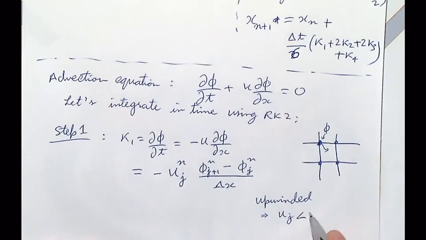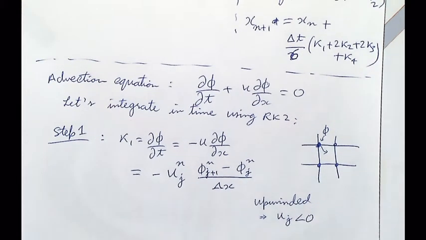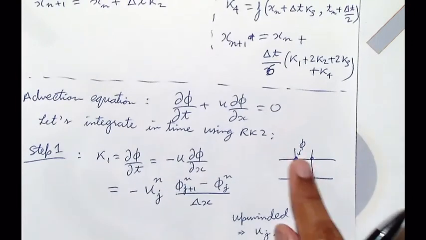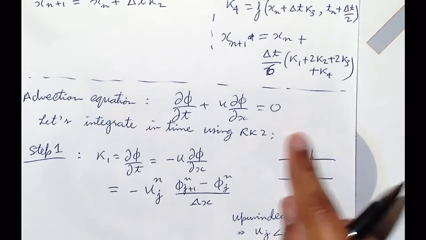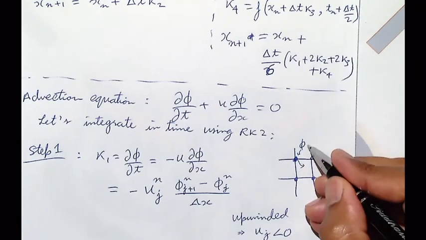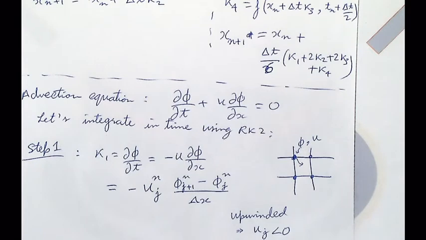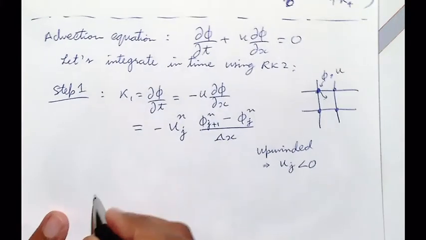Yes, you're correct. Okay, make sense? All right. So at time step n, I can compute my k1, which is the right hand side on this whole grid. Right? I'm given phi and I'm given u.